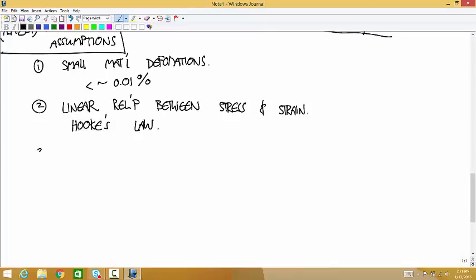Third, all the materials we're going to deal with are homogeneous, which means as you move from one point to another, it's the same material. We're not going to have steel bars with sections of wood inside, or reinforced concrete.